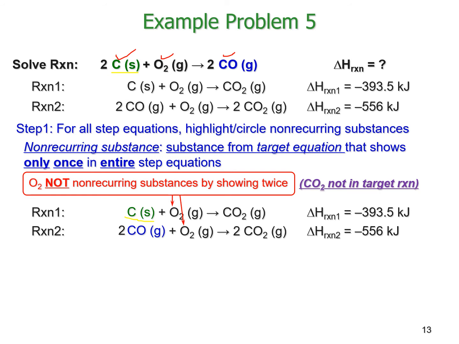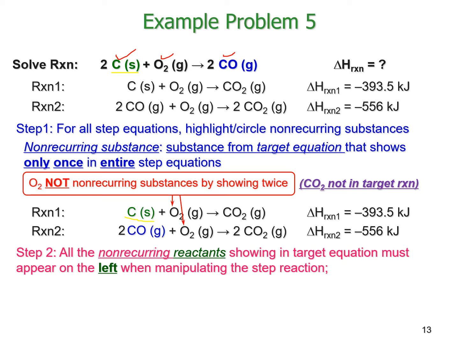I believe when I'm done with this Hess's law, carbon dioxide will disappear, or to be true, it will cancel itself out. So do not worry about carbon dioxide that also showed up in the step reaction. We only pick something from the target equation as a reference to help us understand how we manipulate each step reaction. Such a reference is called a non-recurring substance.